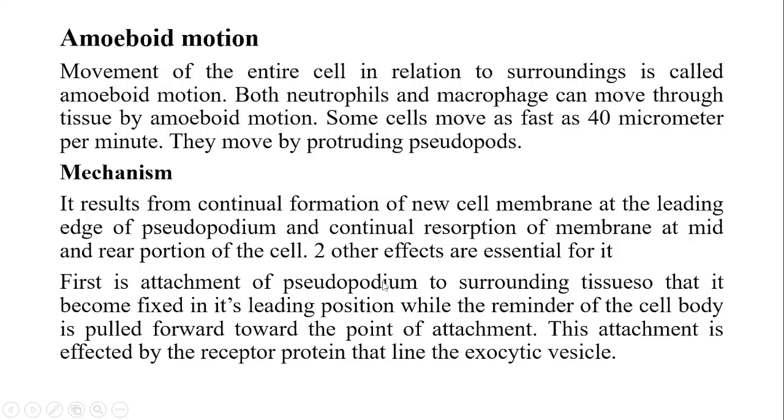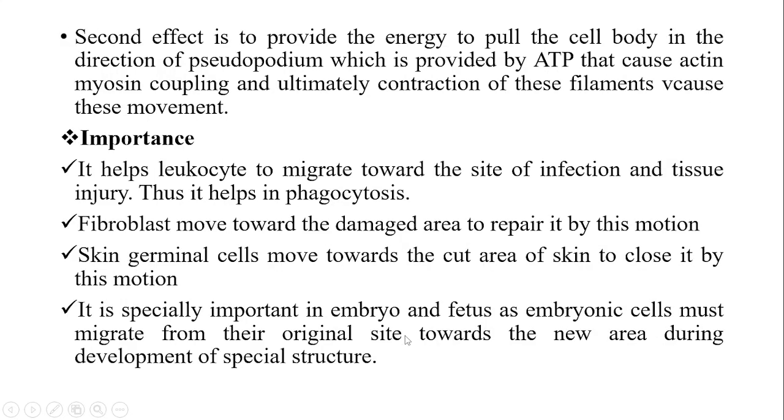The first thing that happens is attachment of the pseudopodium to the surrounding tissue, so that it becomes fixed in its leading portion, while the remainder of the cell body is pulled forward toward the point of attachment, and that's how it will ultimately move towards its destination.